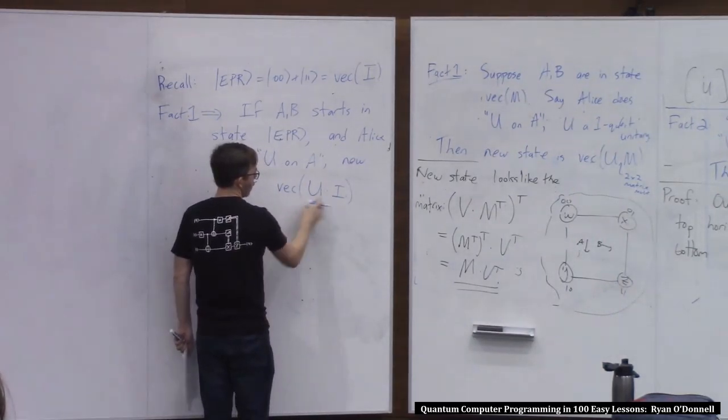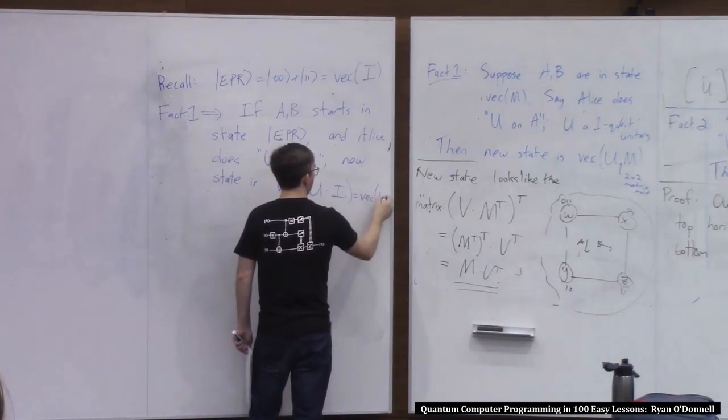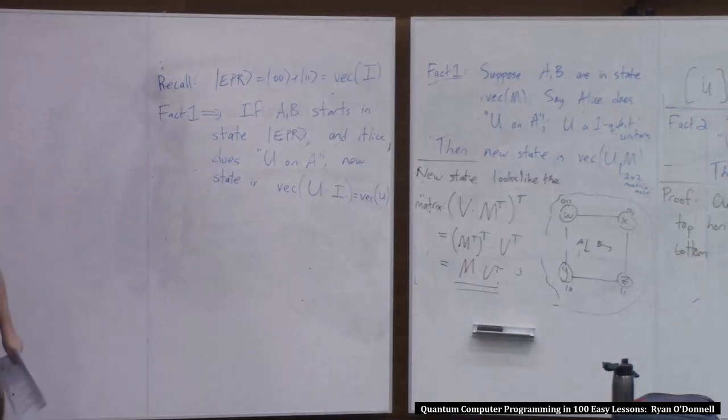As I said, this is just U. So this is vec of U. And bear in mind, this is like an unnormalized state, but that's okay.